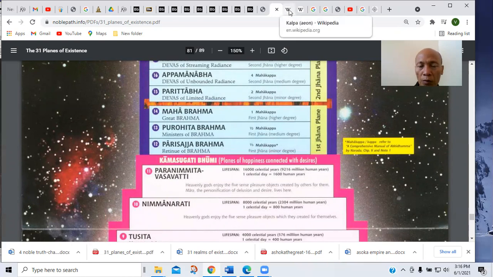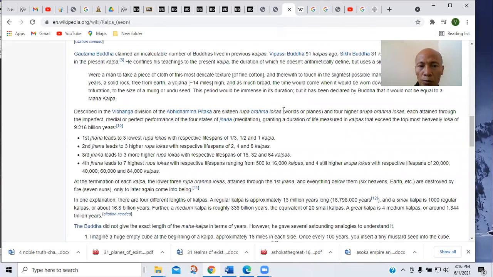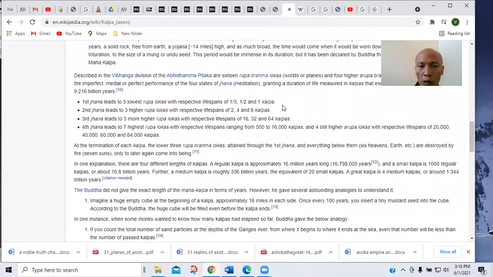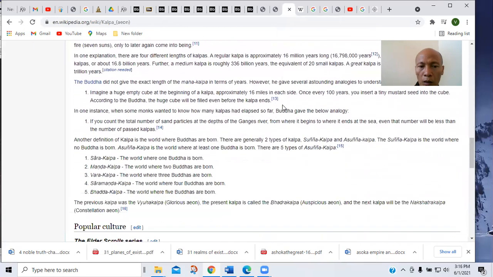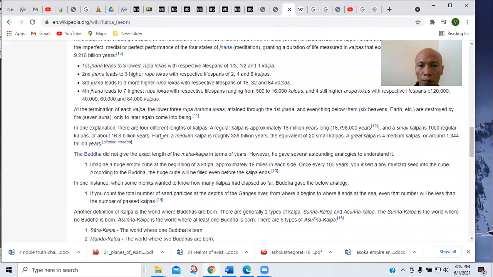Let me explain to you what a Maha Kappa is. In the Buddhist view, one Maha Kappa is about 1.344 trillion years. In one explanation, there are four types of different lengths of kappas. A rare one is approximately 16 million years long, and a small kappa is 1,000 rare kappas, or around 16.8 billion years.